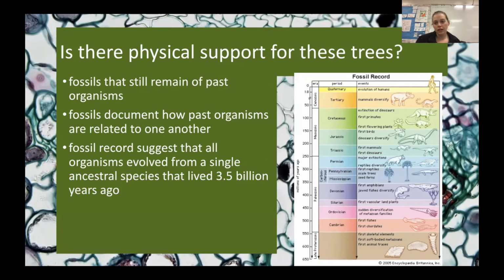Now, sometimes you can even get DNA out of a fossil and compare ancient DNA to modern DNA, which can be fairly useful when you're looking at evolutionary relationships as well. In fact, that's the best line of evidence. Now, the fossil record suggests that all organisms evolved from some ancestral species living about 3.5 billion years ago. And this is where we see our first bacterial mats, very simple organisms.